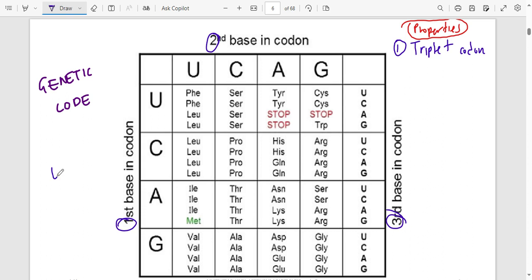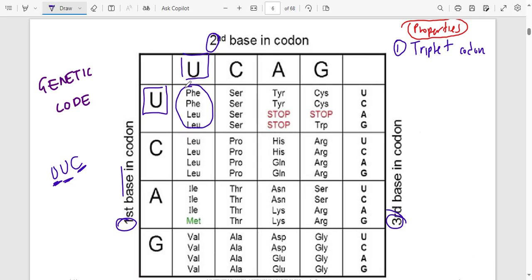For example, U, U, C. The first nucleotide is U, the second is also U, and then the third is a C.